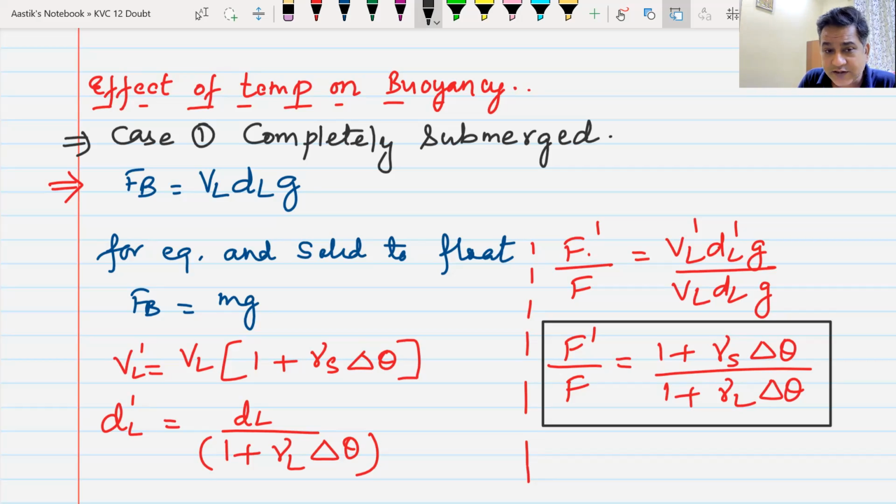Then there is a case where the body is floating. Students normally get confused between the two cases. First case, when the body is completely submerged. Second case, when the body is floating. Let me just give you a question. Have we written this?